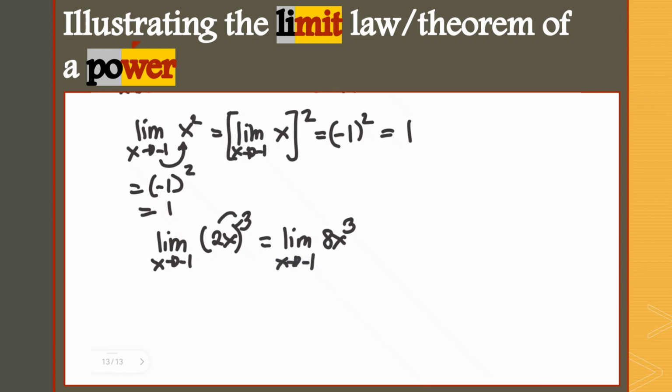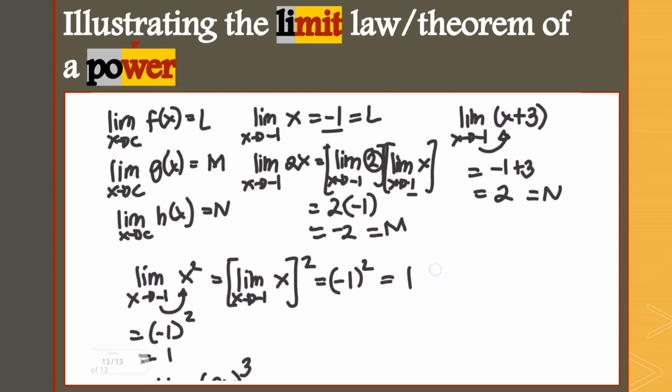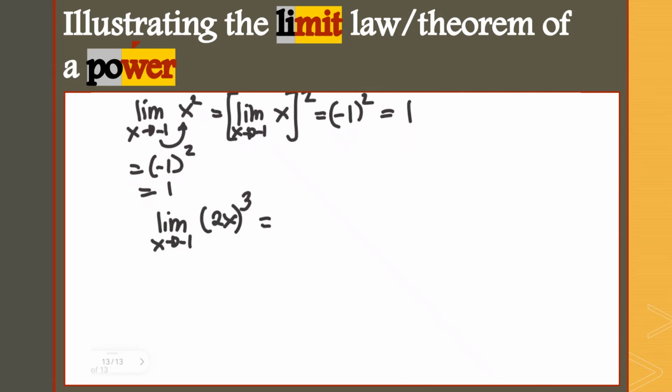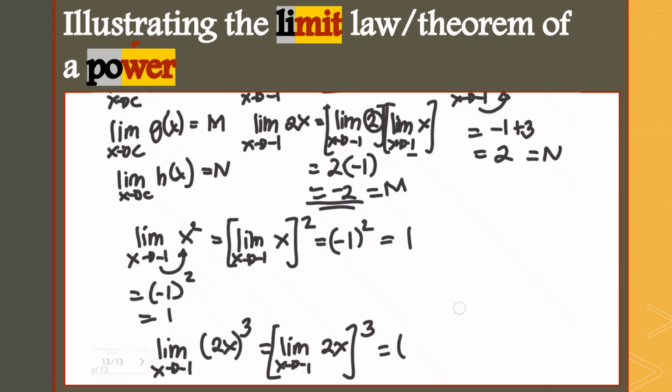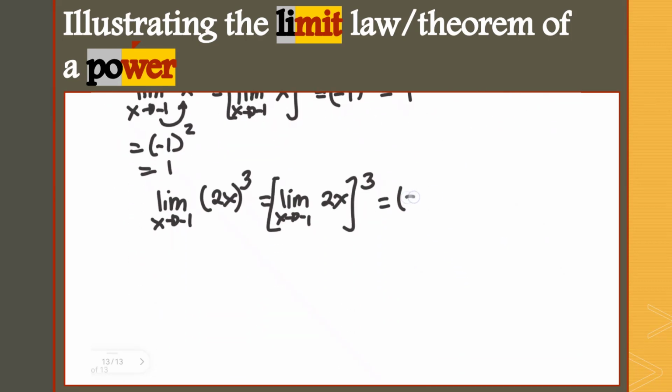But we can just simply apply the limit theorem here, which tells us that if we have already computed the limit of 2x earlier, which is -2, simply use that. You will have the limit of 2x as x approaches -1, and you cube that. In short, you will have the result -2. So we have the cube of -2, which is -8.